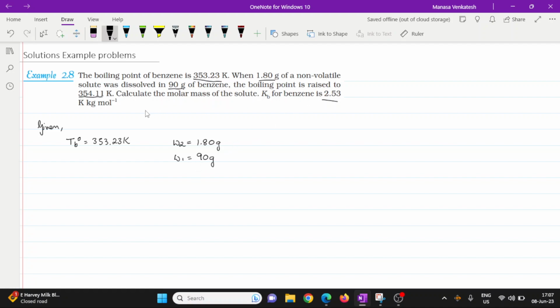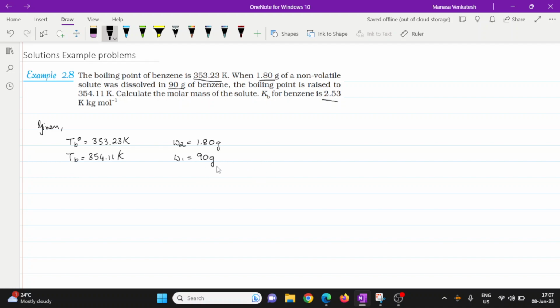The boiling point is raised to 354.11 Kelvin, so the value of TB is 354.11 Kelvin. This is the value of the boiling point of the solution itself.